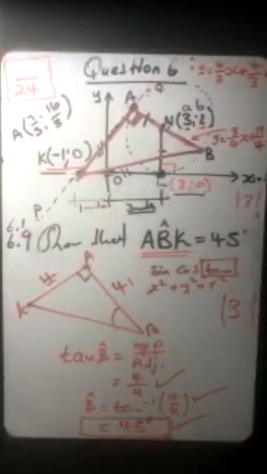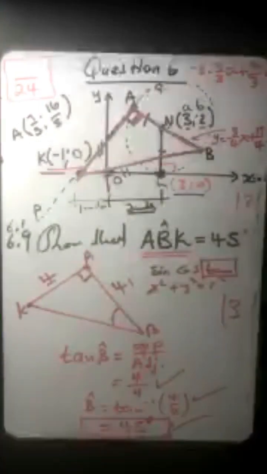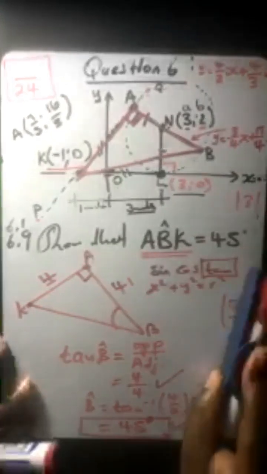So, last question: if the given circle is reflected about the x-axis, give the coordinates of the center of the new circle. I just need to quickly explain.